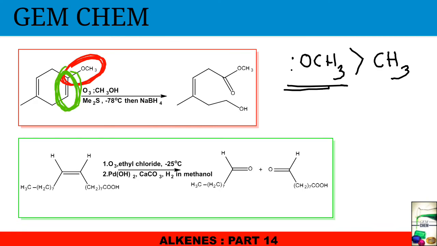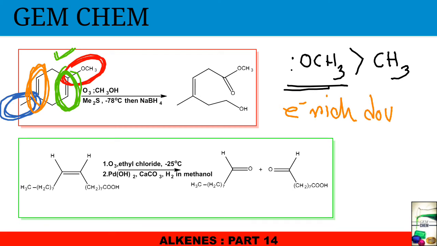Okay, and CH3 though can donate electrons, but this green double bond is more electron rich than this double bond present in the orange portion. So the ozonolysis will take place at the electron rich double bond. We have already seen this electron rich double bond.